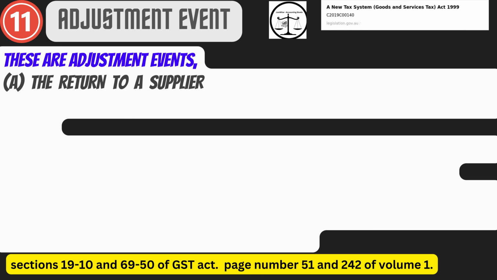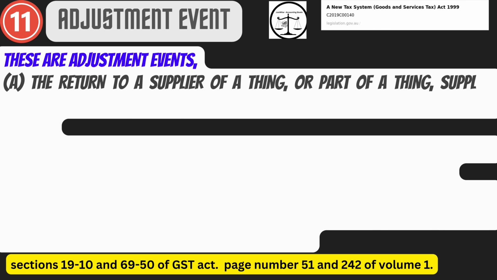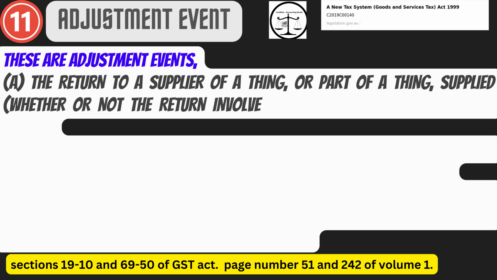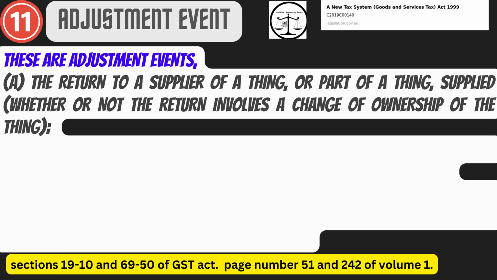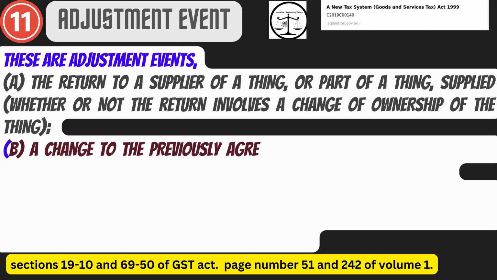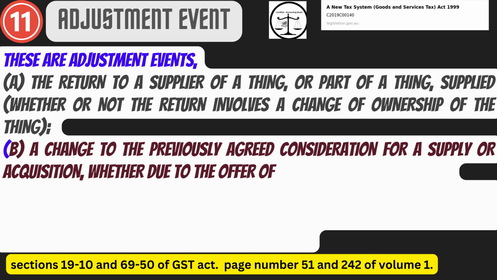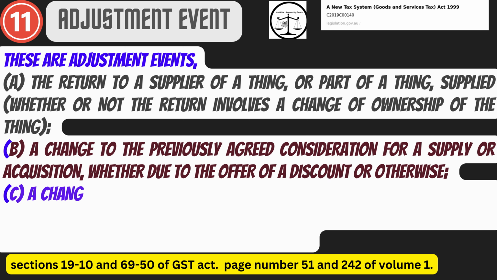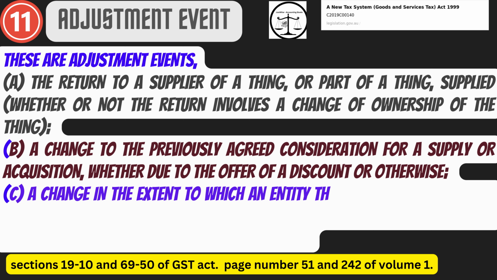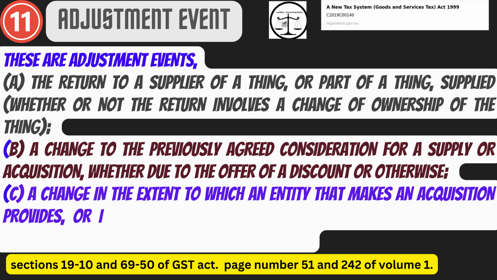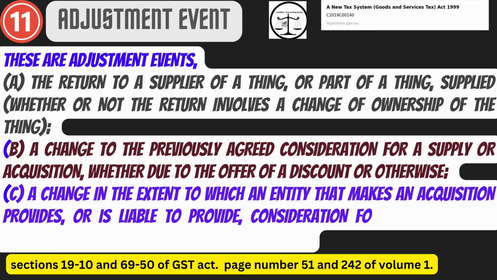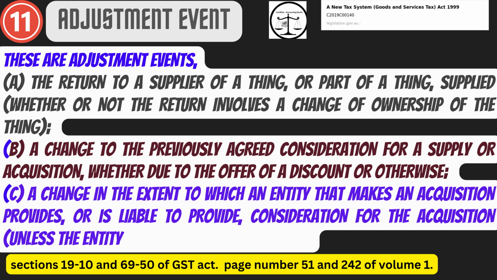Adjustment event. You can find more information on adjustment event in sections 19-10 and 69-50 of the GST Act. That is page number 51 and 242 of Volume 1. These are adjustment events. A. The return to a supplier of a thing, or part of a thing, supplied, whether or not the return involves a change of ownership of the thing.